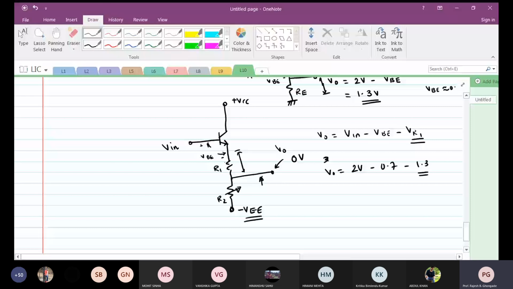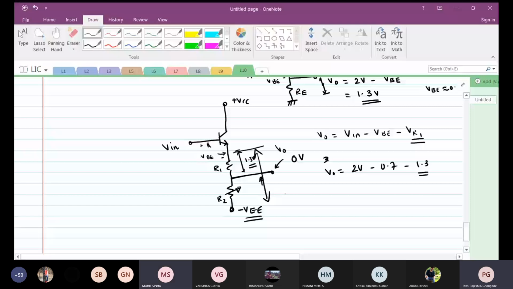This necessarily is a potential divider, you see. And I want to make sure that the center point over here is now 0 volts. So the drop across this should be 1.3 volts. Are you able to understand now?